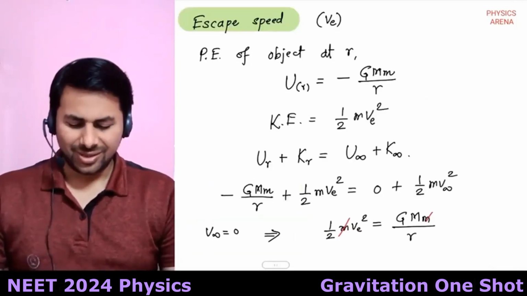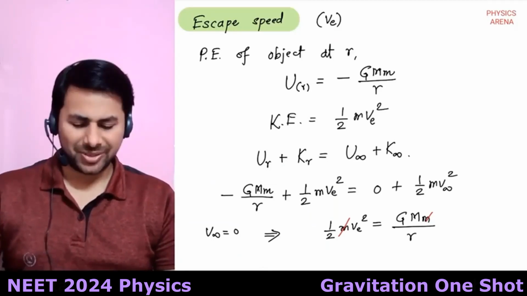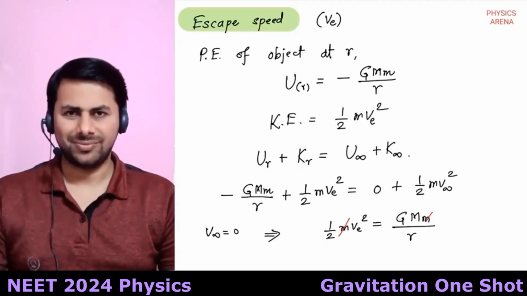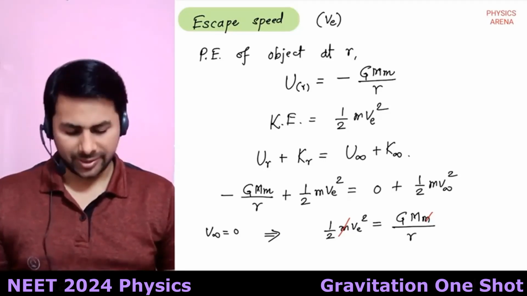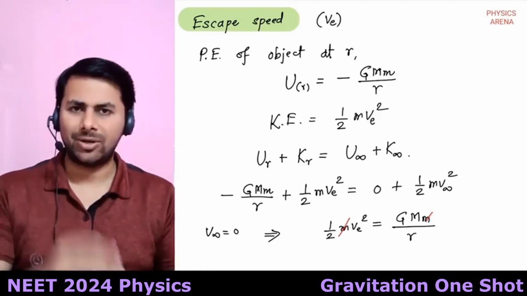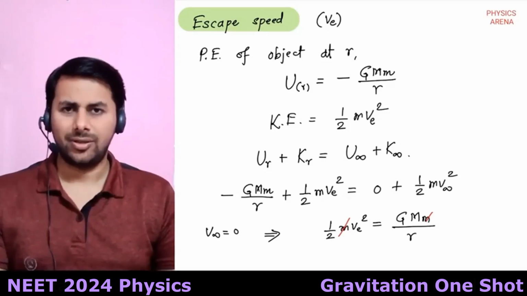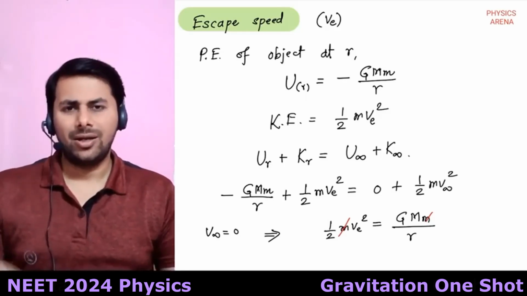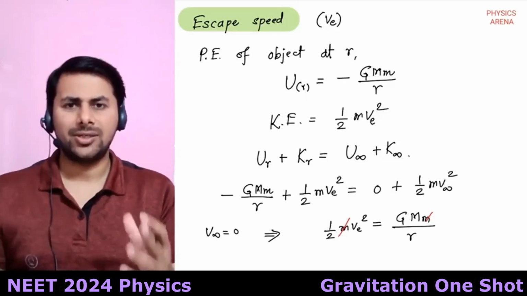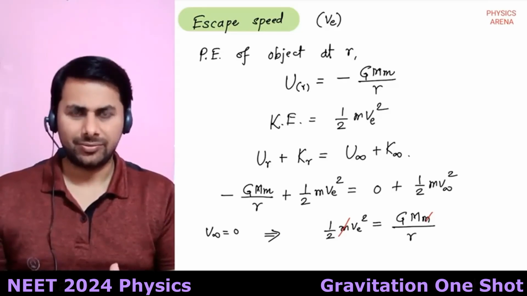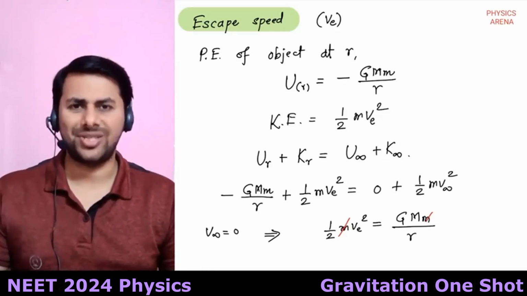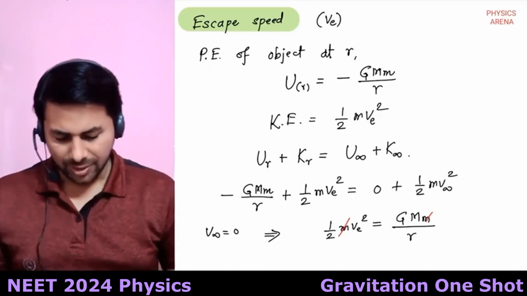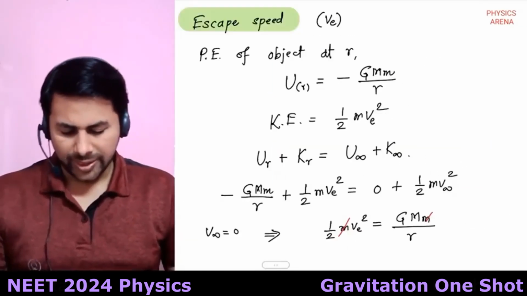Okay, then next let's find out the escape speed. Okay, so with what speed must an object be thrown from earth so that it escapes the earth's gravitational influence and reaches infinity?